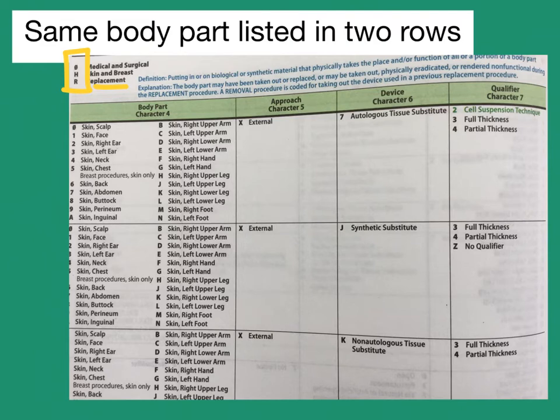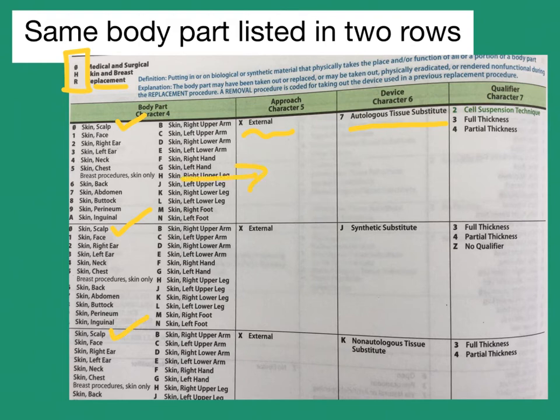So you open up, you go to the table, you see, oh my gosh, skin, scalp, okay, external approach, I'll apply that. But this says autologous tissue substitute, but my documentation says a synthetic substitute. What do I do? This is probably a little clue to yourself that maybe I should check another row. And if you look closely here, you'll see that skin of the scalp is also listed in this row and even in this 3rd row.